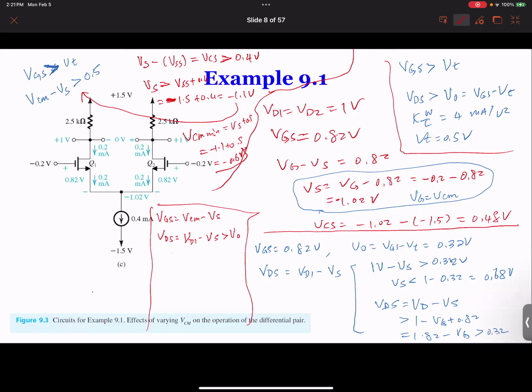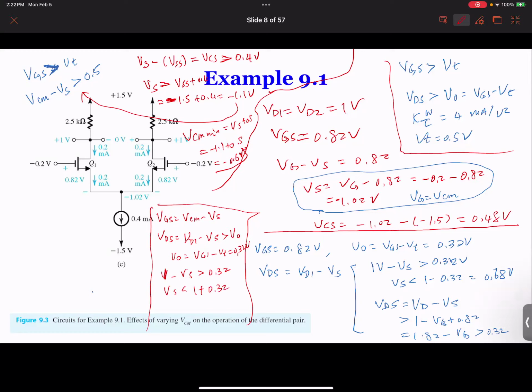And we know that VO is VGS minus VT, which is already given as 0.32 volts. VD1 is given as 1. So now 1 minus Vs has to be larger than 0.32.